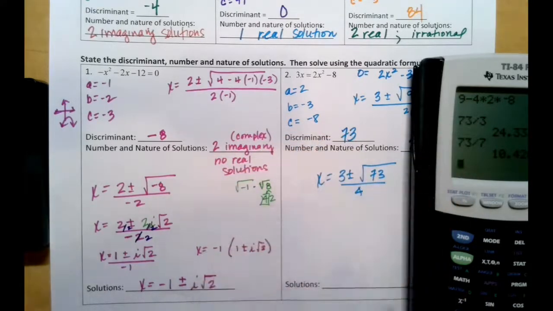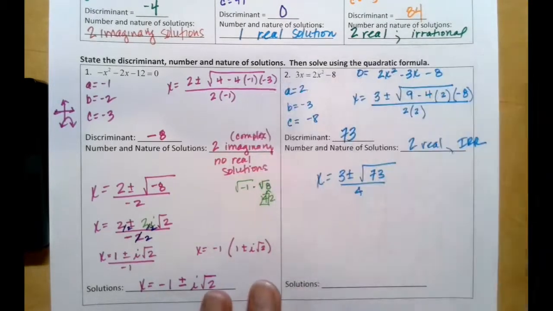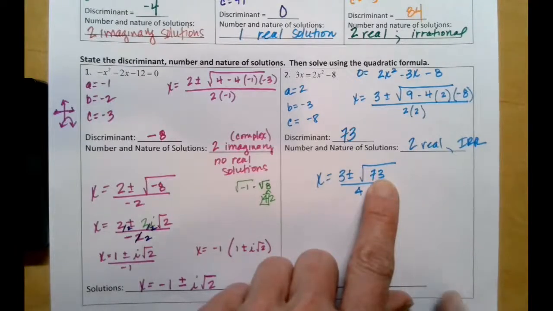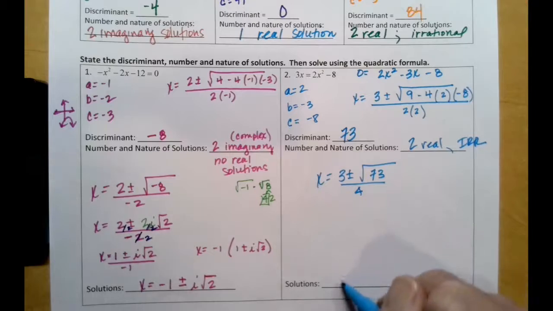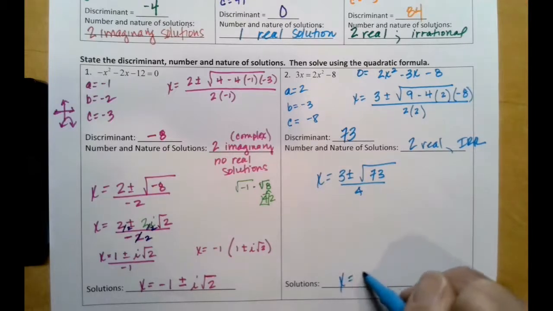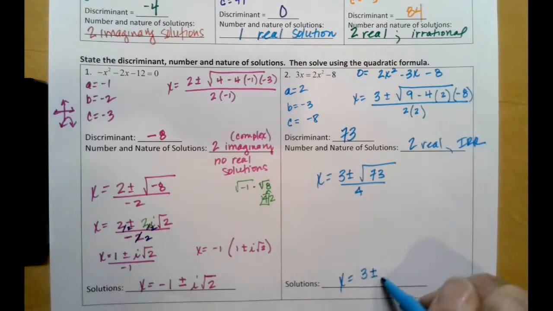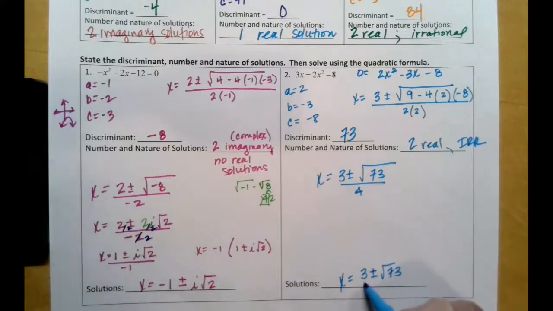It's not 2, so not 4, not 8, not 10. So I think I'm looking at a prime number here. Because I can't break that down and I have no common factors, my solutions are x equal to 3 plus or minus the square root of 73, all over 4.